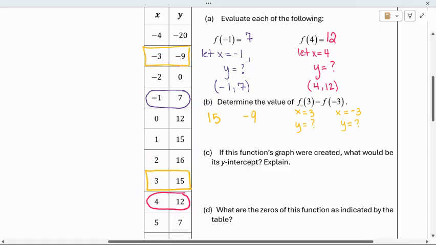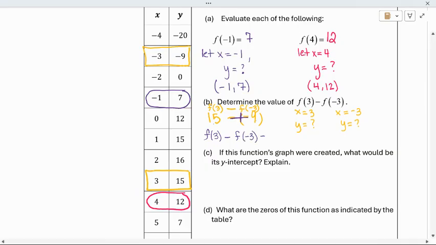But I'm subtracting these. This is f of 3, minus f of -3. So I have to subtract these two. So what happens when you have minus a negative? What do we do with that? Yeah, you turn it into a great big positive. So 15 plus 9 is 24. So f of 3 minus f of -3 equals 24.